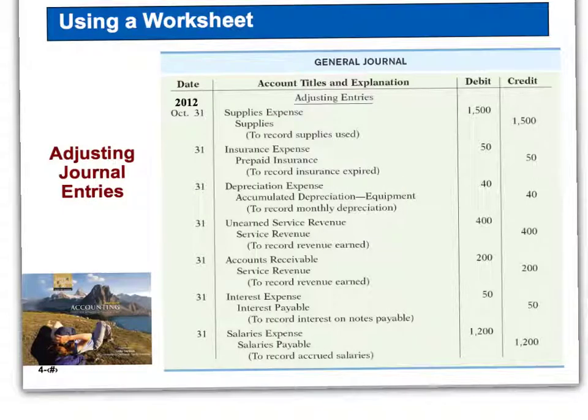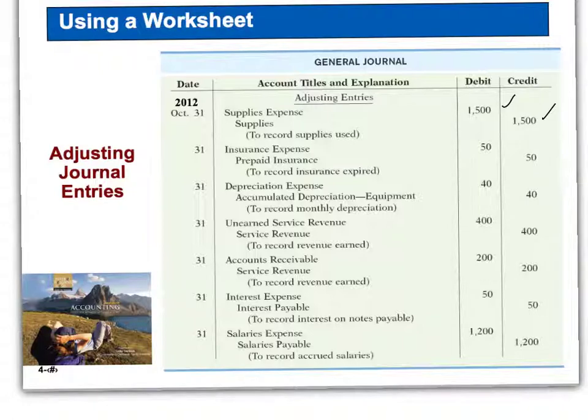And as you can see, we made some adjusting entries. We debited supplies expense, $1,500, and credited supplies. That is, we recognize the expense and reduce the asset. We had insurance expense and reduce the asset, prepaid insurance. If we had prepaid rent and we used it up, it would be a debit to rent expense and a credit to prepaid rent.